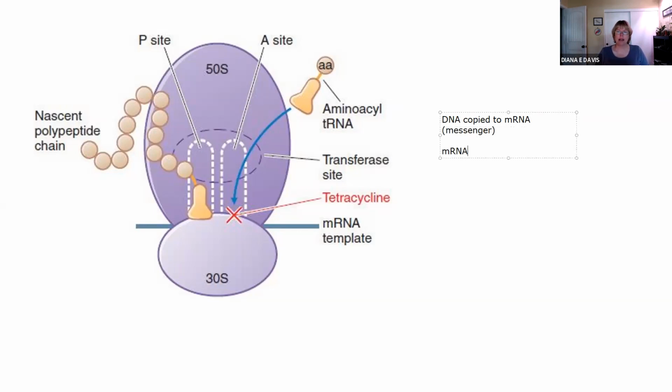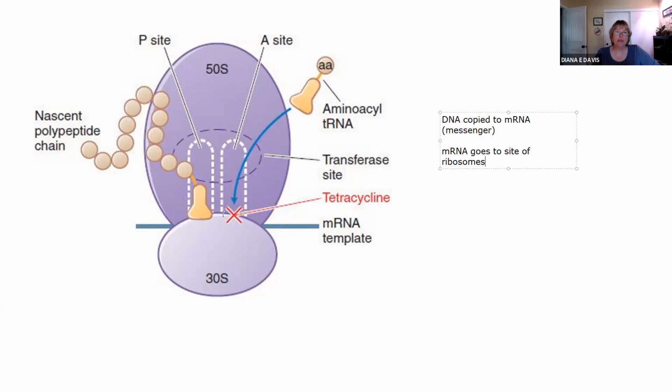The mRNA then goes to the site where there are ribosomes. Ribosomes are complex molecules. They've got proteins, they've got other kinds of molecules in there, but that is where protein manufacturing occurs. So in simplified terms, your messenger RNA is in between these two parts of the ribosome.